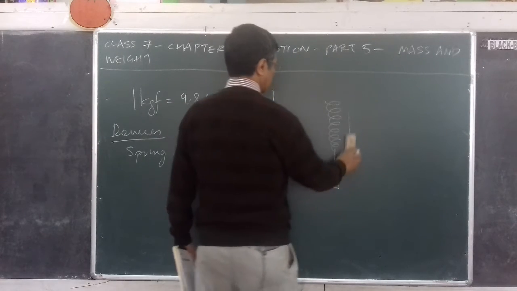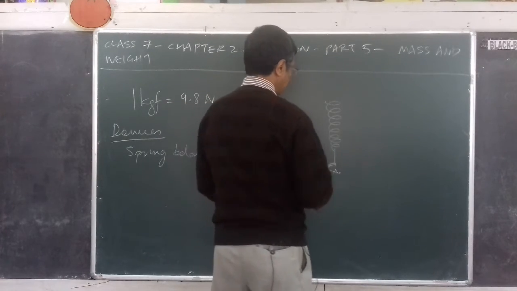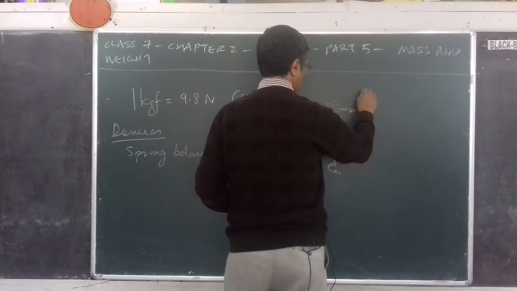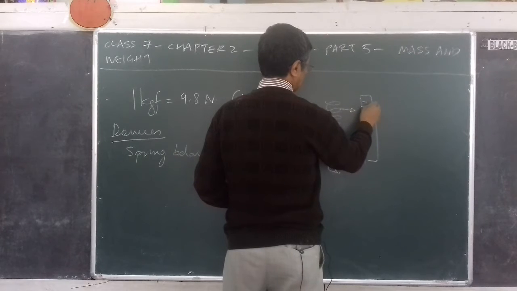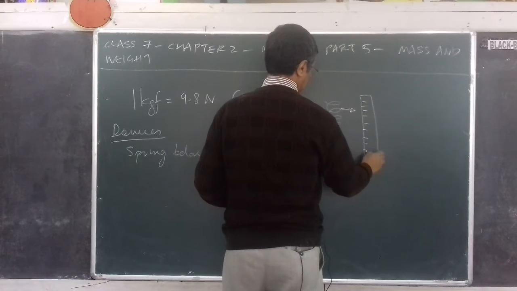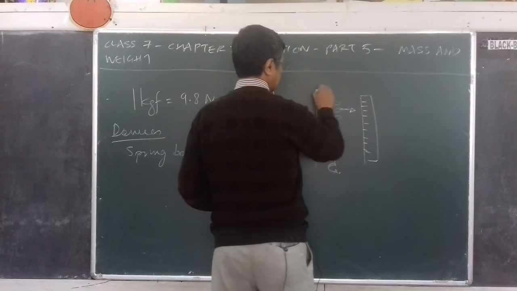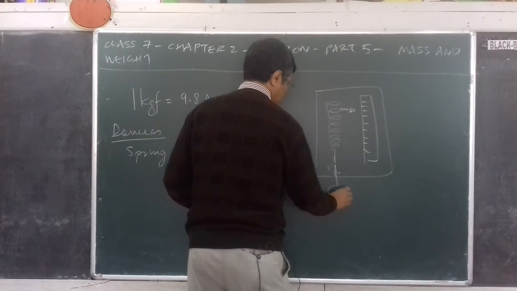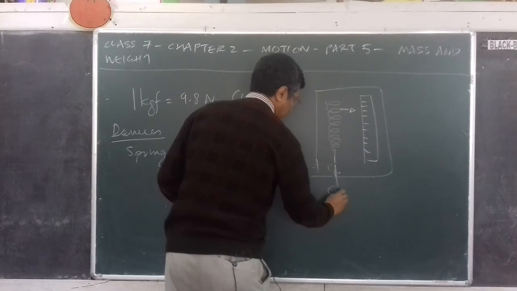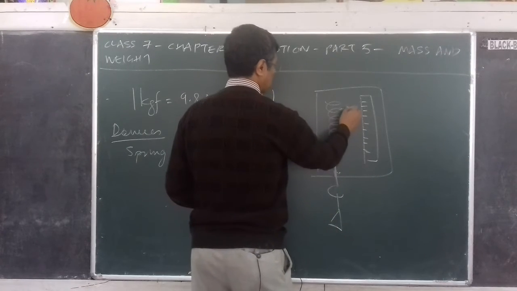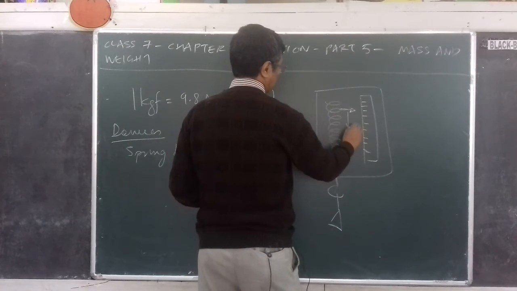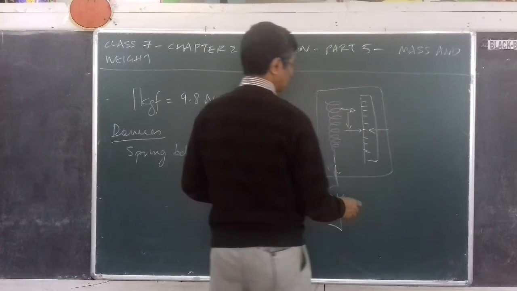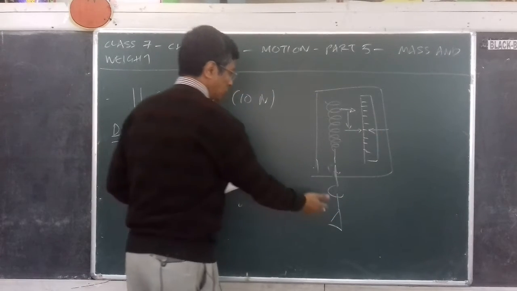We have a pointer attached to the spring, and this pointer runs along a graduated scale. The entire thing is enclosed in a box, with the hook coming out. As you place the weight at the bottom, the spring stretches and the pointer moves down, and the pointer will point exactly to the weight of the object.